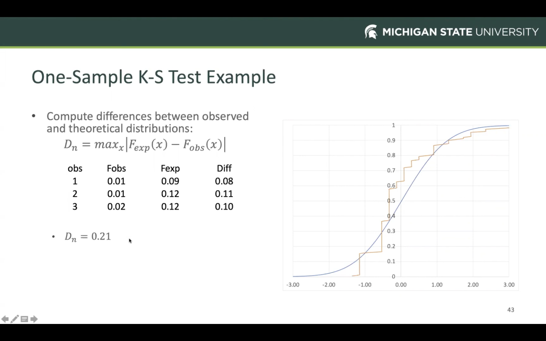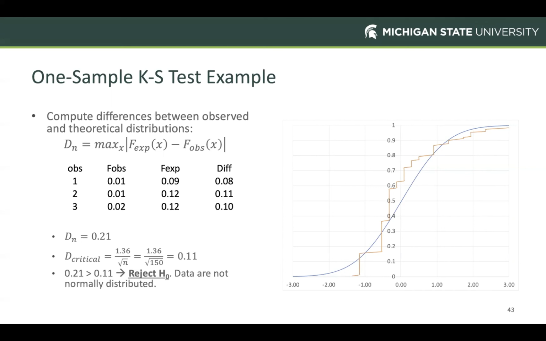We take that 0.21 value and compare it to our critical value, which as per our formula is 0.11. In this case, our observed data show a calculated KS statistic of 0.21, which is greater than our critical value. Thus we can reject the null and claim that our data are not normally distributed.